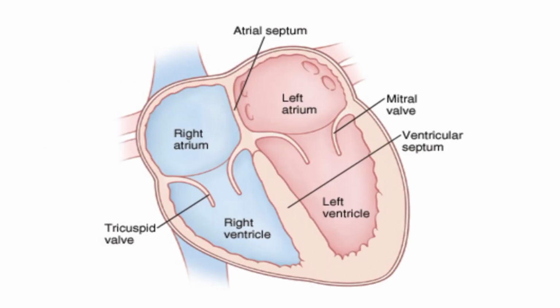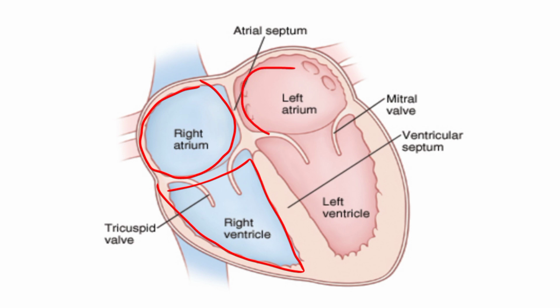Now, like I previously said, the heart is composed of four chambers. You have the right atrium, and just below it is the right ventricle. Ventricles are usually more muscular than the atria because they carry out a high degree of muscular contraction.